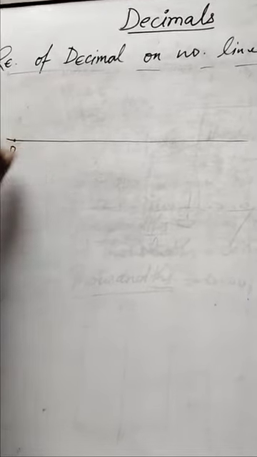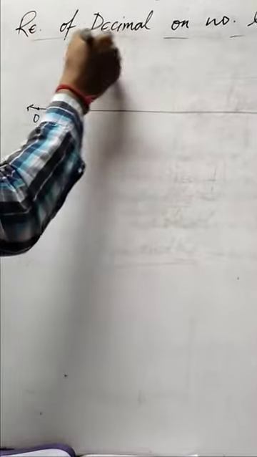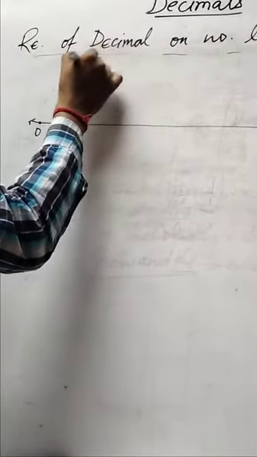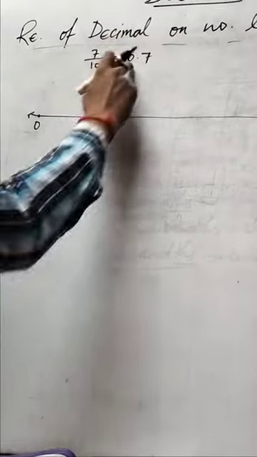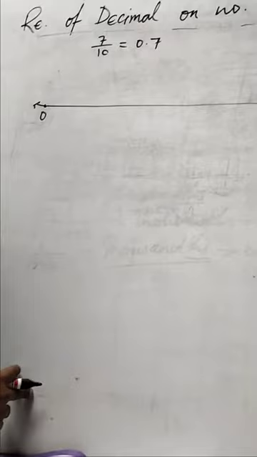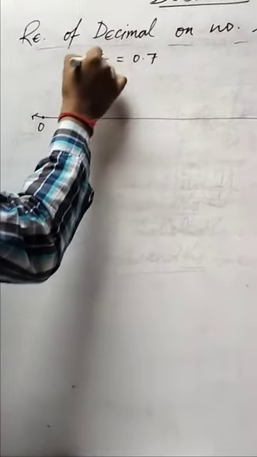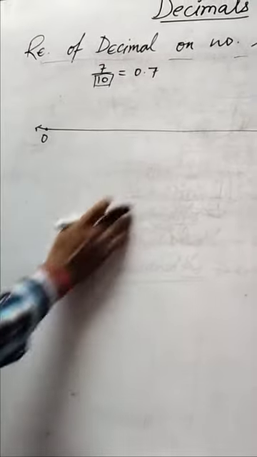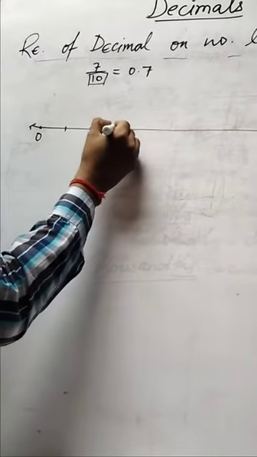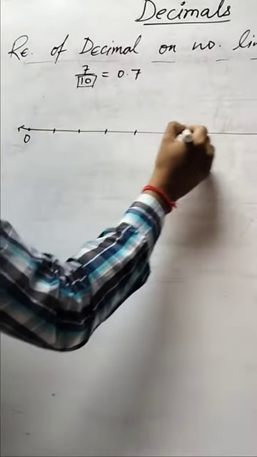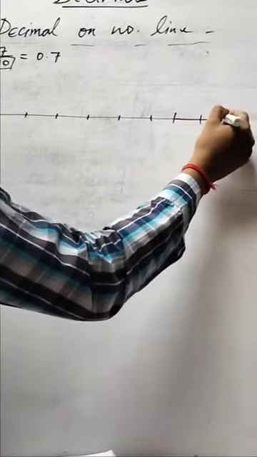So on the number line, we are going to start with 0, because for example I am having the value 7 upon 10, and 7 upon 10 we can write as 0.7. This value is positive, so according to the denominator we will divide the parts. So 10 equal parts we need to divide, 1 2 3 4 5 6 7 8 9 10.